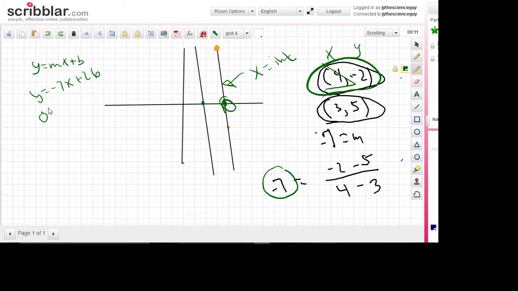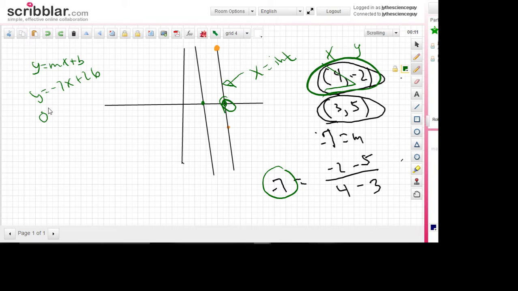What about this? It'd be another solid line, and you'd shade on the other side.